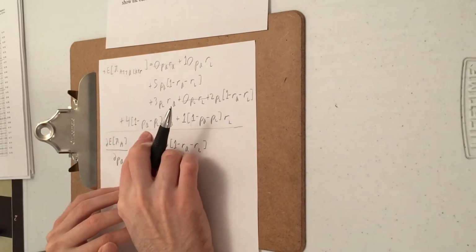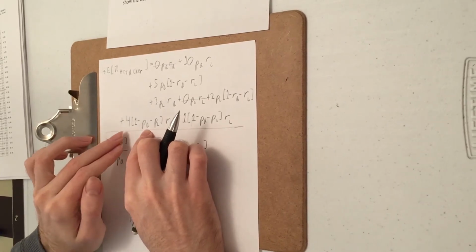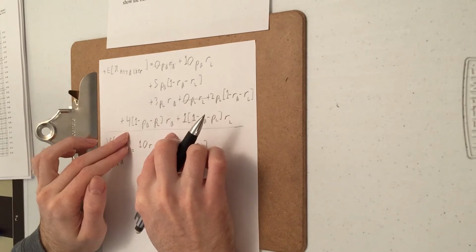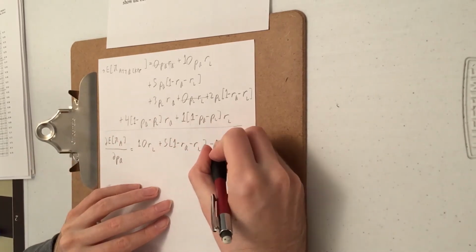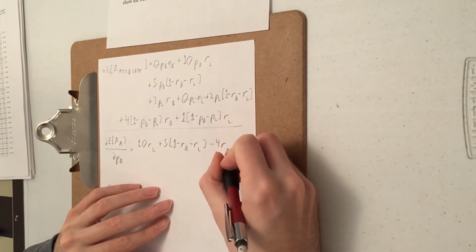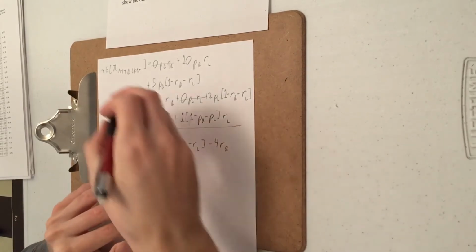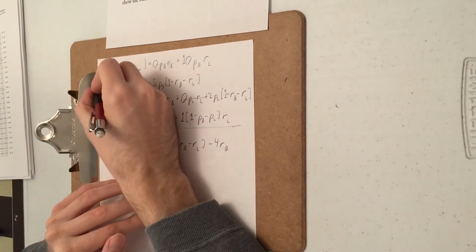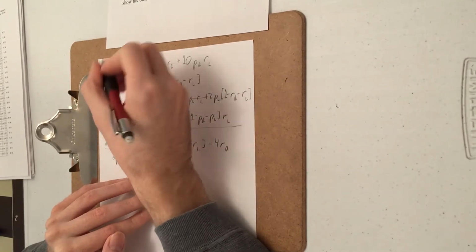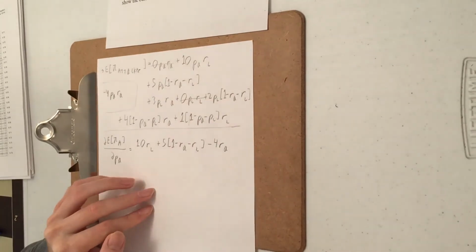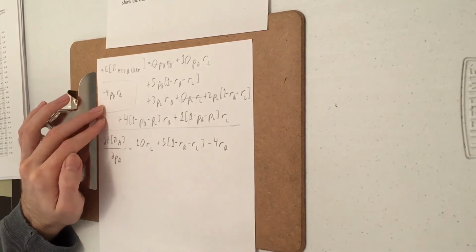We do have a PA over here. That PA is multiplied by a minus sign, a 4, and an RA. So that comes out to minus 4 RA. Originally we have minus 4 PA RA, but when you take that derivative with respect to PA, you just get minus 4 RA.